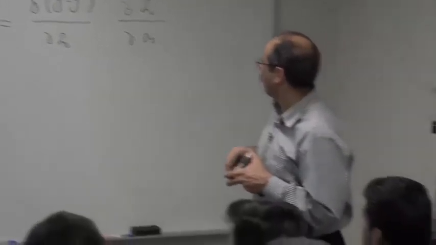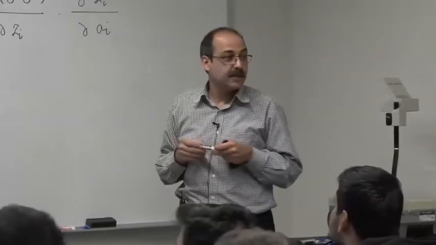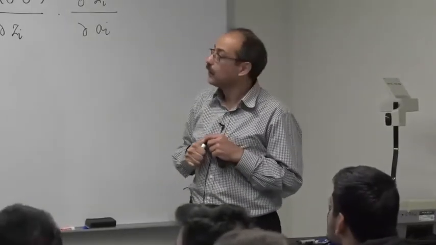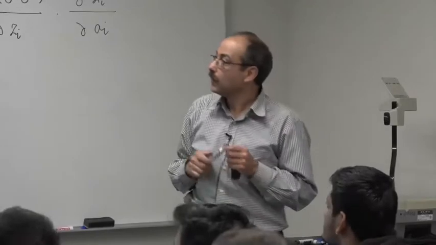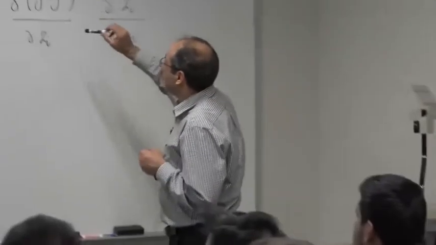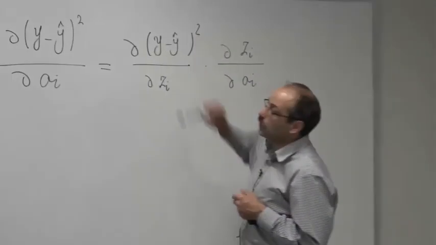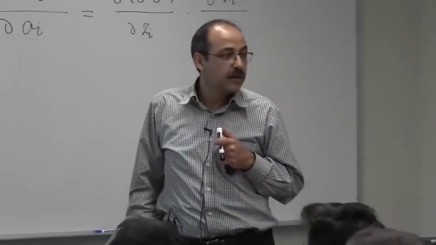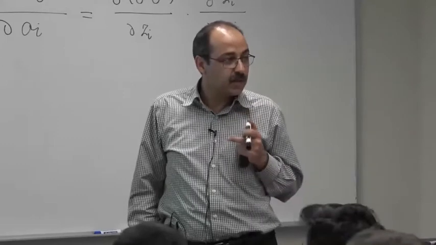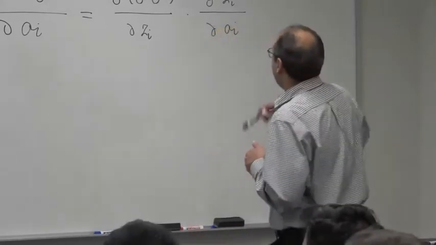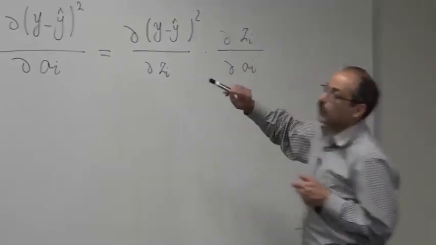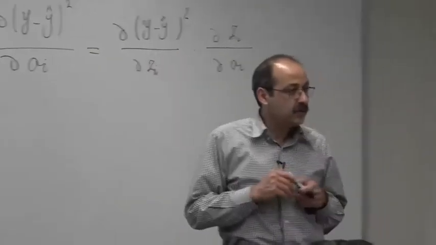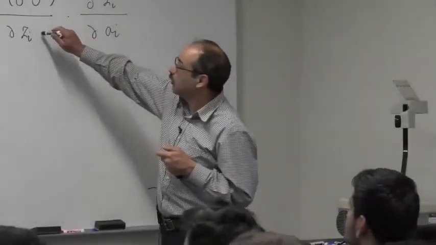So how does this help? You can continue in that manner until you get to your output layer. No, if I do, do I know the derivative of this with respect to z_i? No, I have another quantity which is unknown. And do I know the derivative of z_i with respect to a_i? This I know, this is easy, but this I don't know.